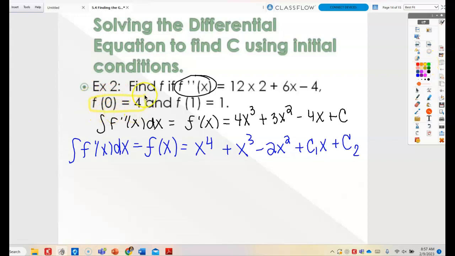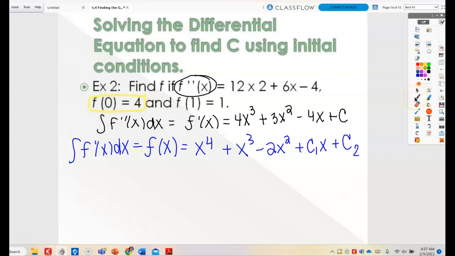And I want to start with the condition f of 0 before f of 1. Why do I want to start with f of 0 before f of 1? Well, if you think about f of 0, what is that 0 going to do to any term with an x in it? It's going to make it go away. So that means that f of x, if you plug in 0 for x, has to equal 4.